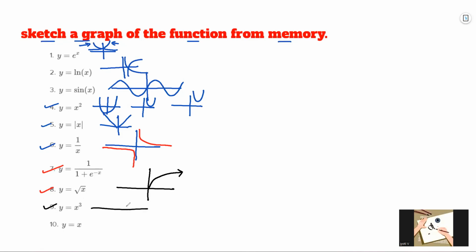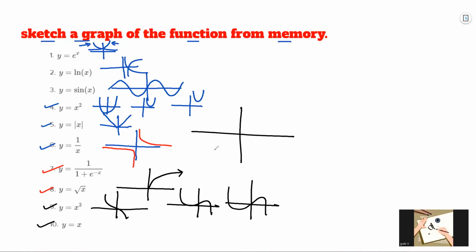A cubic function means the graph will definitely intersect the x-axis in 1 point or 2 points or a maximum of 3 points, but not beyond that. Last one is y = x. That is called the identity function. The identity function is a graph that passes through the origin and is neither parallel to the x-axis nor parallel to the y-axis.